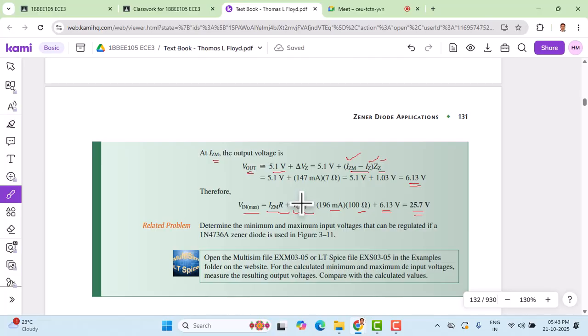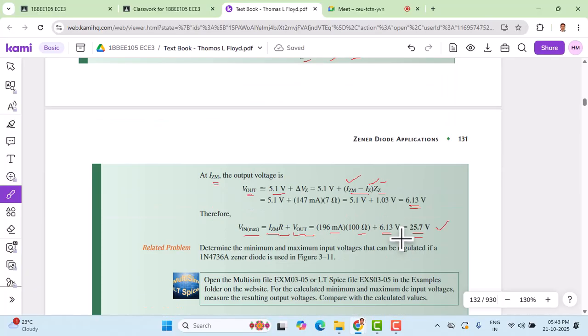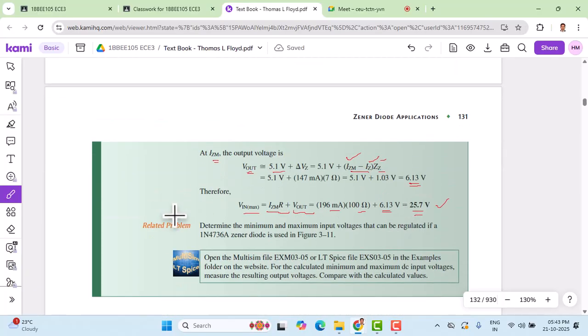So we got to know that the minimum input voltage for the practical diode is 4.86 volts, and the maximum input voltage of the Zener diode for which output is maintained as VZ plus or minus delta VZ is 25.7 volts. Okay, so in this way the students can solve other problems related to this problem.